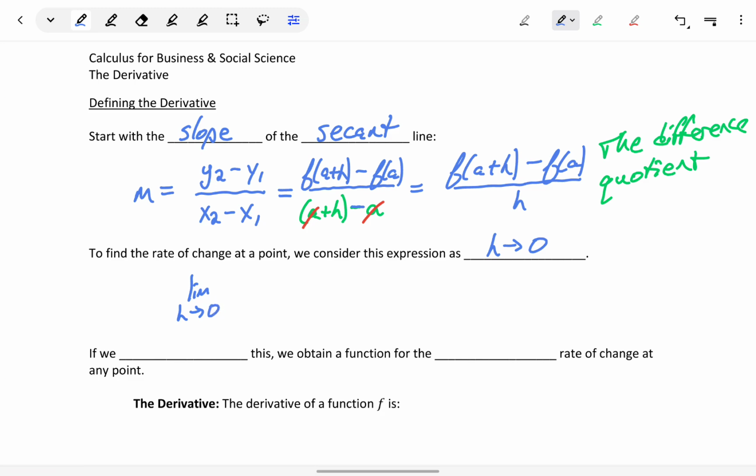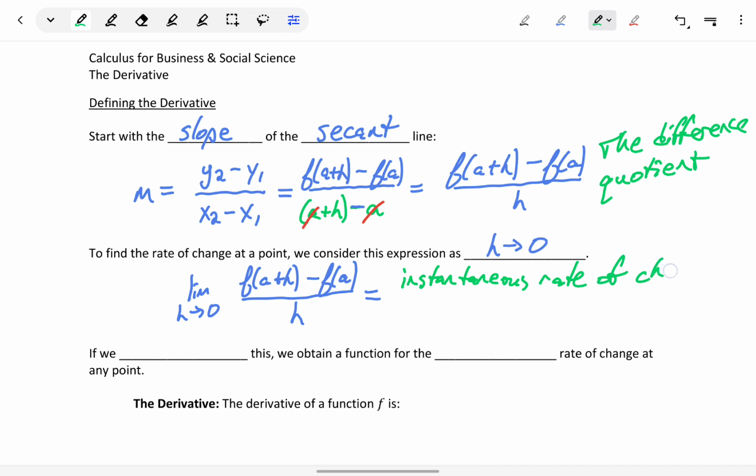So what we're going to do is take the limit of the difference quotient as h approaches 0, and evaluating that will give us the instantaneous rate of change of a function f of x at the point x equals a.